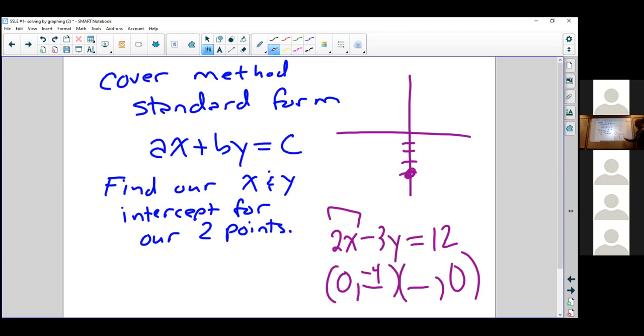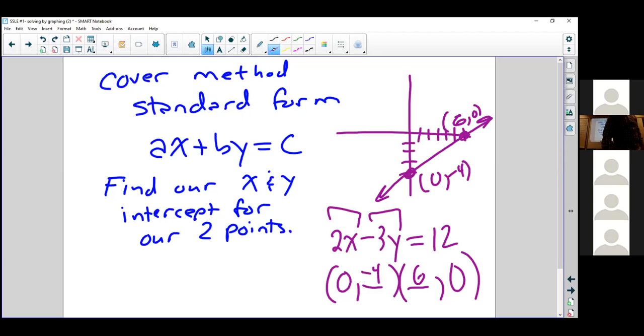Then this is our y value, so I cover up this portion now. 2 times what number gives me 12? Well, that would be 6. So that gives me 6, comma 0. 1, 2, 3, 4, 5, 6. So those 2 points exist: 6, 0 and 0, -4. And so that works. The cover method is kind of a fan favorite because it definitely works nicely for us.